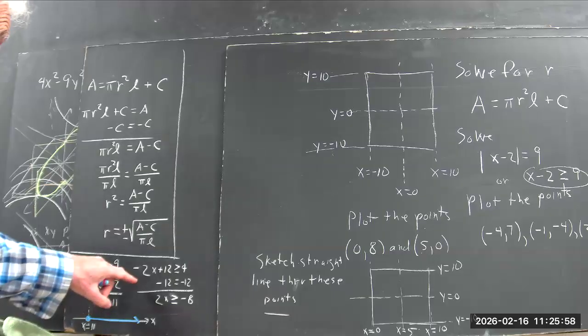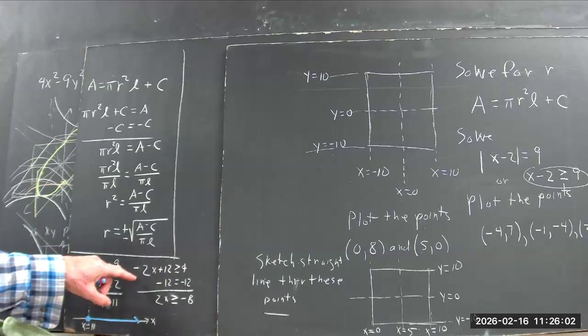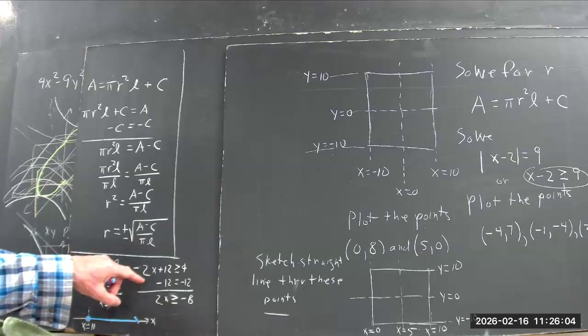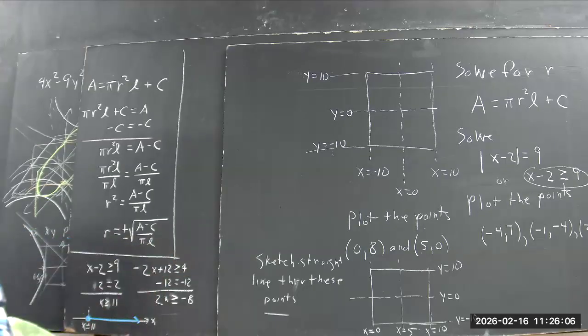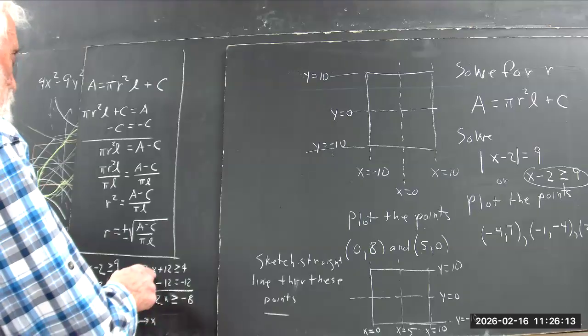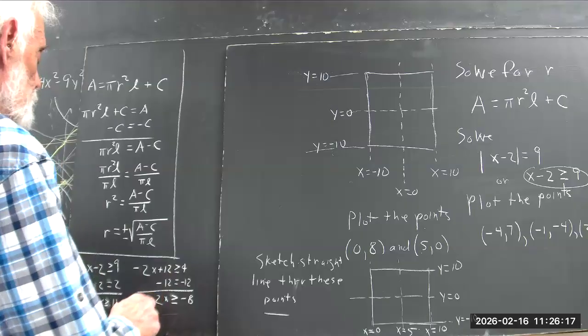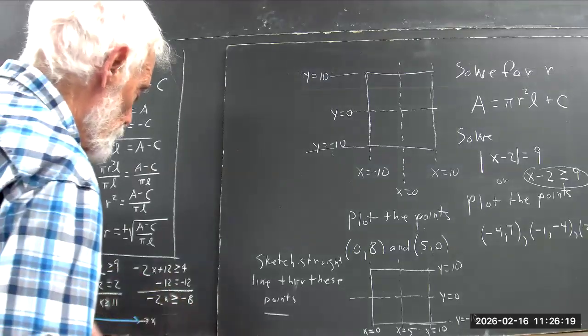I'm going to change the problem slightly. Instead of 2x plus 12 greater than or equal to 4, I'm going to make the inequality negative 2x plus 12 greater than or equal to 4. Now, the step that I made is still valid, except that when I add the negative 12 to both sides, I end up with negative 2x greater than or equal to negative 8.